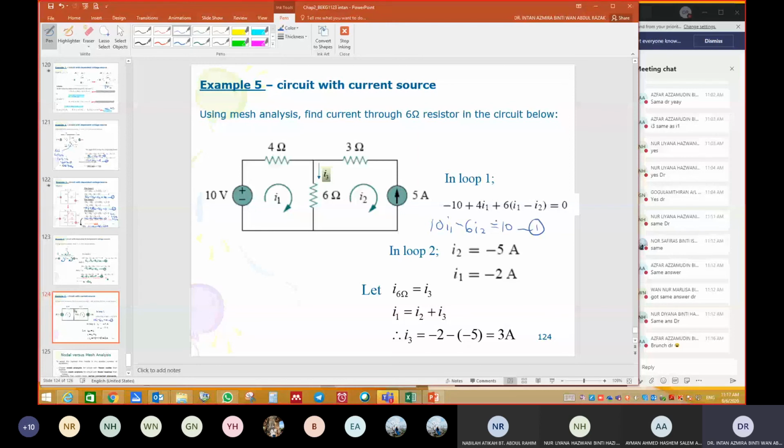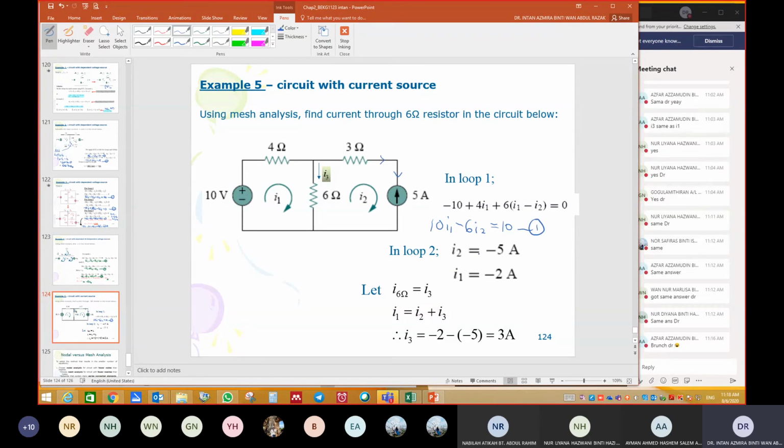This is in loop 1. How about loop 2? No need to write because we have a current source here. I2 flows like this. It is opposite with 5 amps. So I2, you can just write I2 is equal to minus 5 amps.